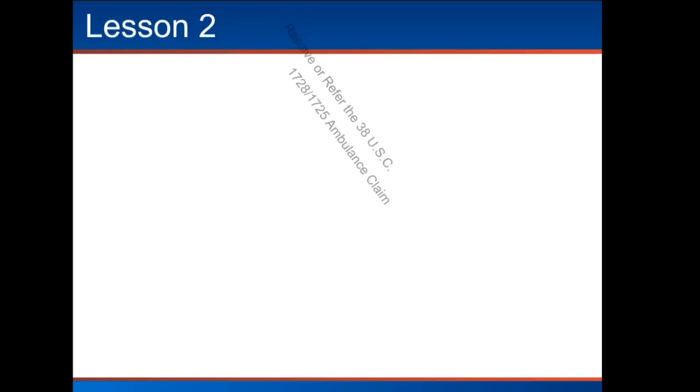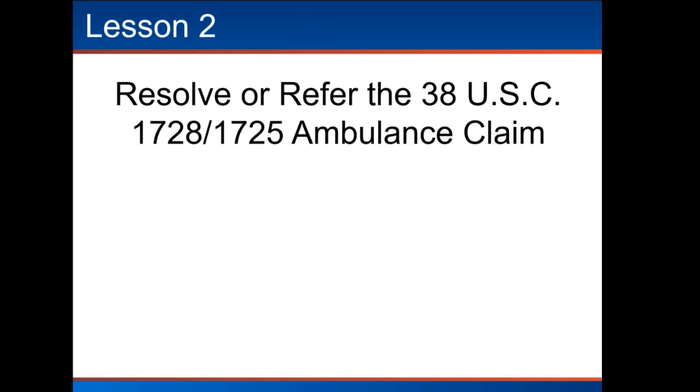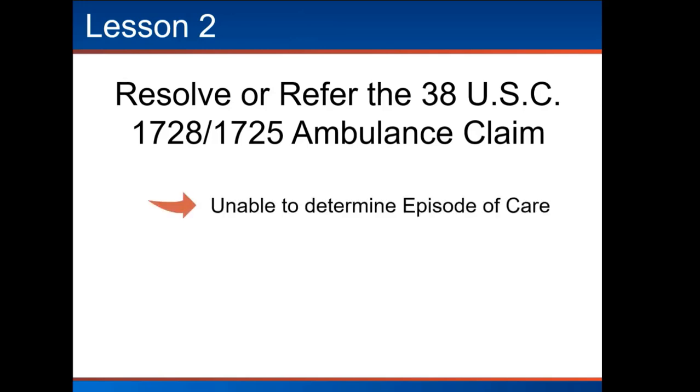This brings us to our second and final topic of this recording. Do we resolve or refer the claim? In this lesson, we will discuss ambulance-only claims when an episode of care cannot be identified. We will cover the resolve actions and the refer actions.